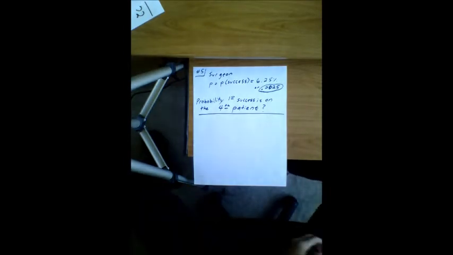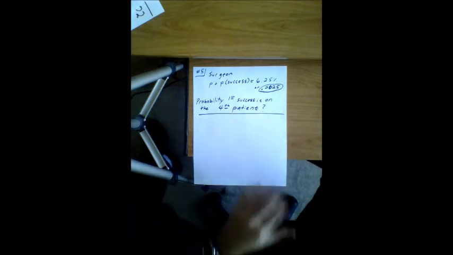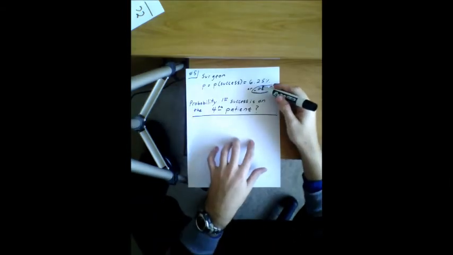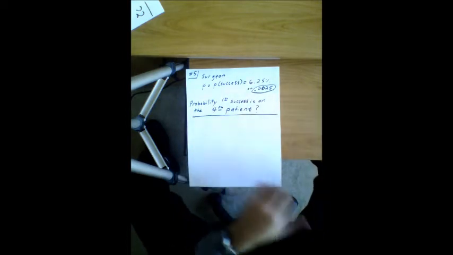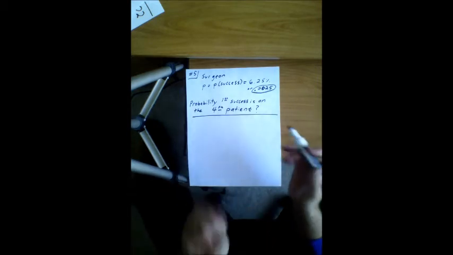We've got a surgeon. Not a very good surgeon. Probability of success is only 6.25%, or we could call this 0.0625. We could change it to a decimal. And they're asking probability of the first success on the 4th patient. So we have to think, okay, clearly this is not equally likely, right? We're interested in the 4th patient.